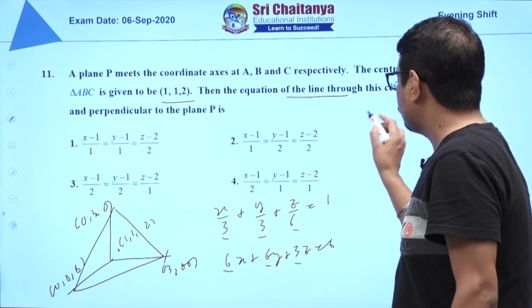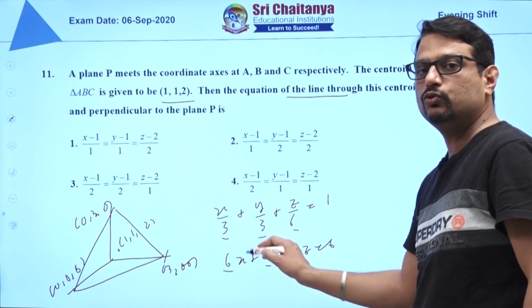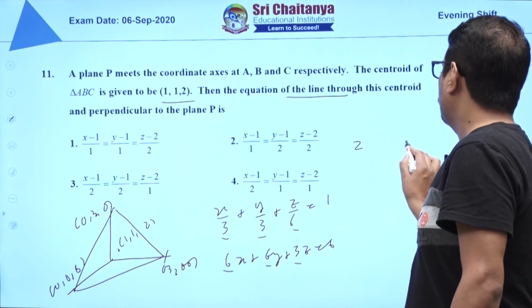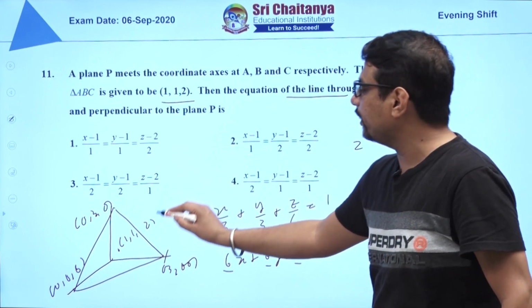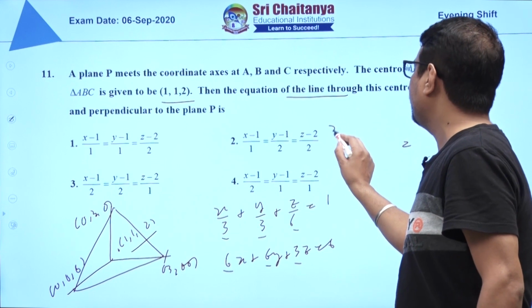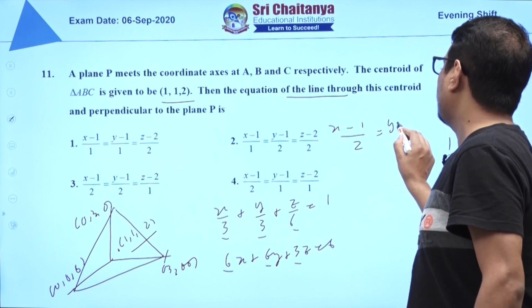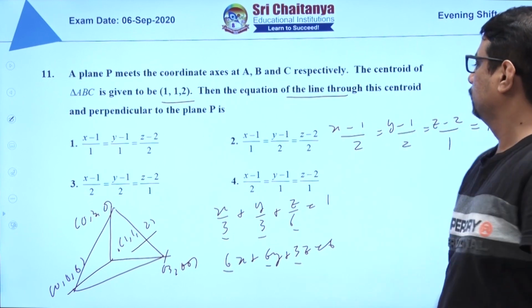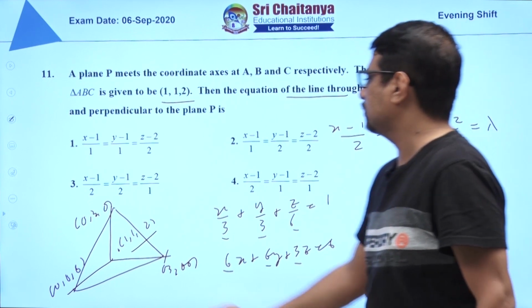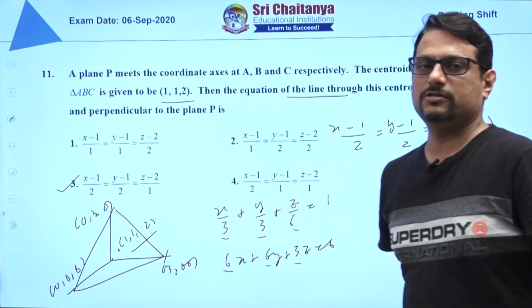So direction ratios of line will become 6, 6, 3, which is 2, 2, 1. And since the line is passing through centroid, that means 1, 1, 2, you can write x minus 1 upon 2 equals y minus 1 upon 2 is equal to z minus 2 upon 1 is equal to lambda. So if we check our answer, this will give us correct answer.